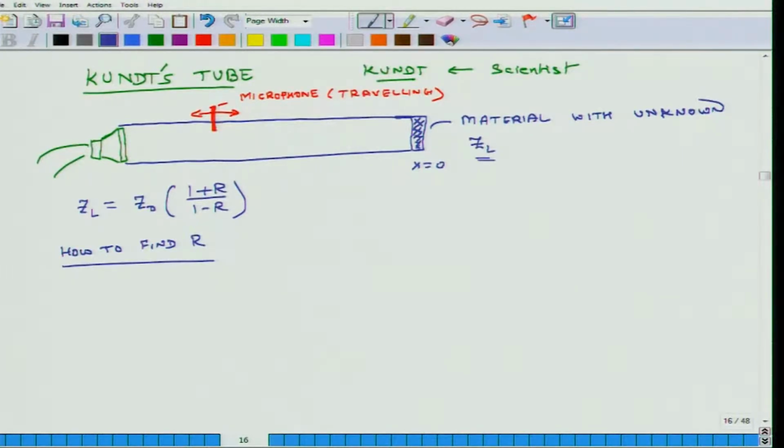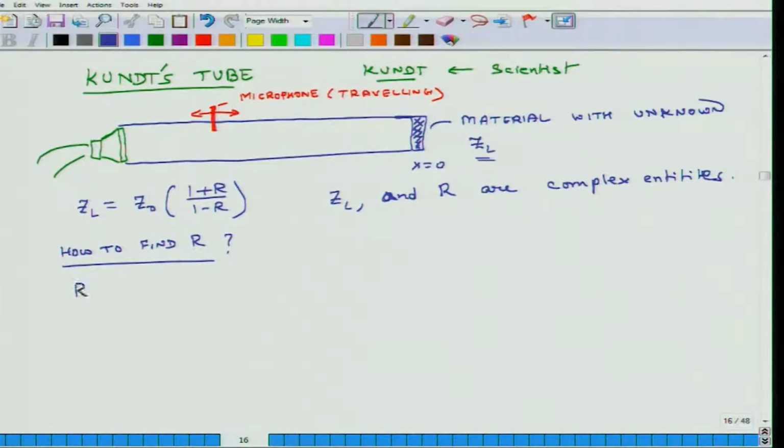What that means is that ZL and R are complex entities. They have a real part and an imaginary part. So we have to figure out what is R, but we know that R can be complex.